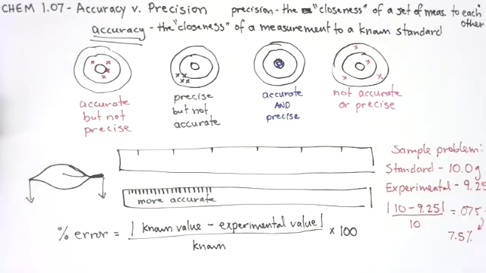What we're going to do in the next video, now that we understand the difference between accuracy and precision, is we're going to look at something called significant figures. Significant figures are a way of keeping track of our accuracy. If I take a measurement with this ruler and I say I have 2.60895 centimeters, is that possible?